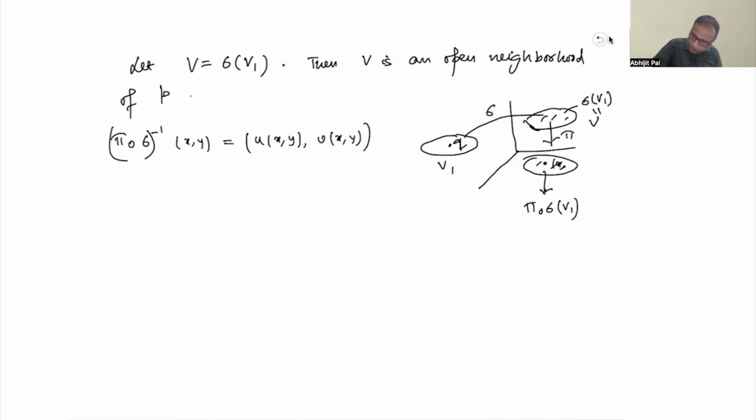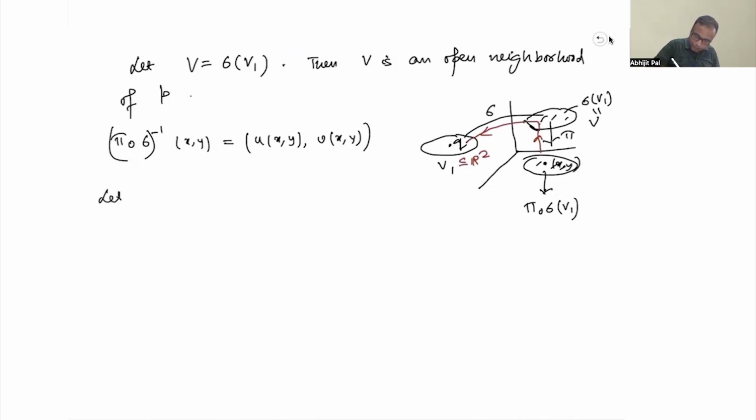If I take any point xy here, this will first go to here and then go to here. So B1 is a subset of R2. So xy under pi compose sigma inverse will go to u of xy comma v of xy.